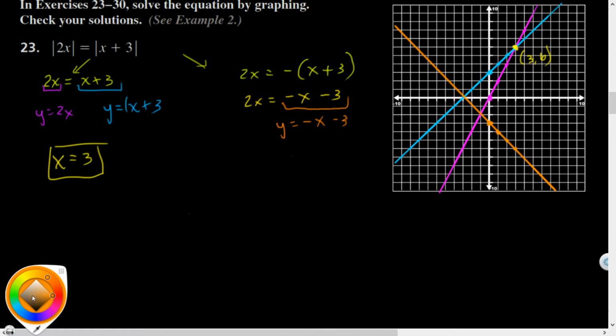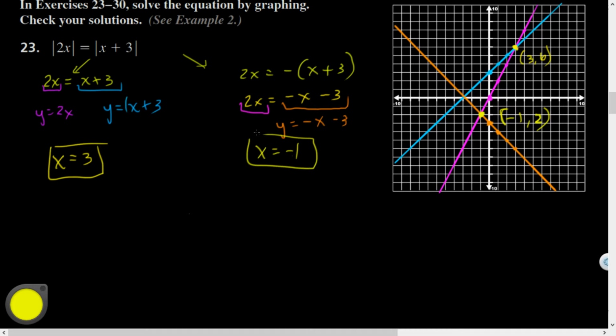Right, the purple line right here. If I want to find the intersection, it looks like it hits right there, and that point looks like negative 1 comma 2. And so x equals negative 1 would be our other solution.